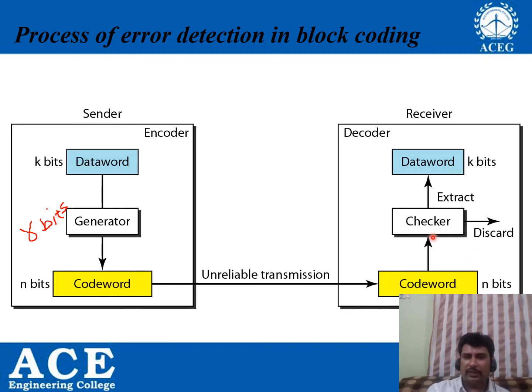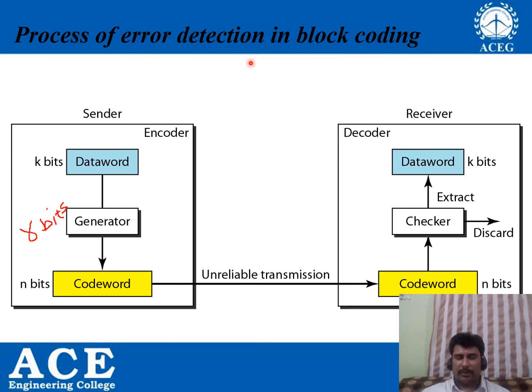If it is yes, we discard that data or the code word. If it is no, then we remove the redundant bits and extract the data word. So in the k plus r code word, we remove the r redundant bits and generate the data word of k bits. This is the process that happens in error detection.